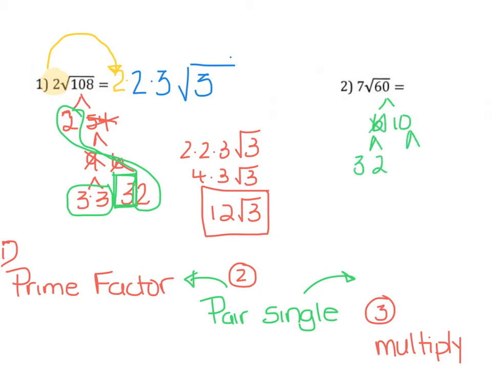We'll factor 10 into 2 and 5. So that was our prime factorization. That's step 1. Step 2 is to put the pairs on the outside, the singles on the inside. The pairs go on the outside, the singles go on the inside. So the pair of 2s goes on the outside, the single 3 and 5 goes on the inside.